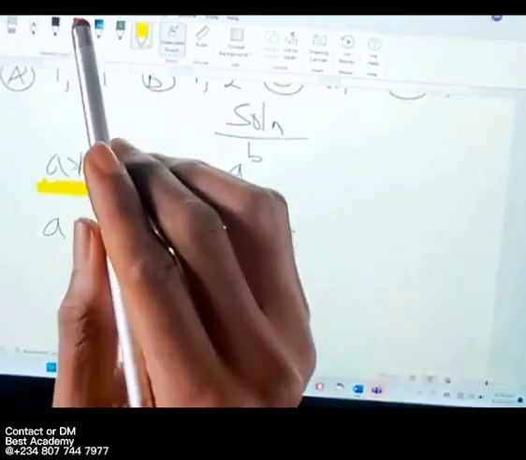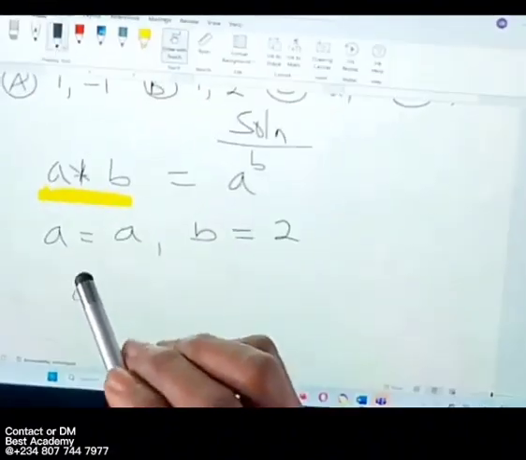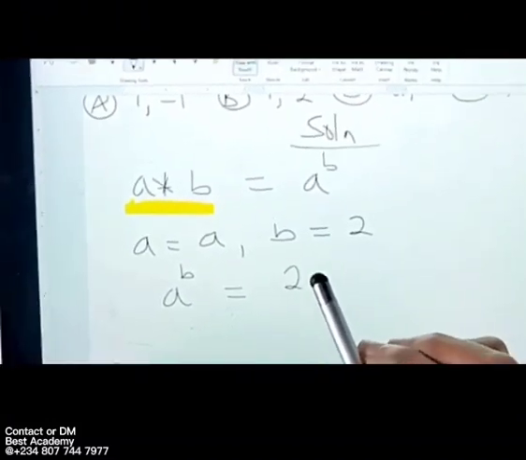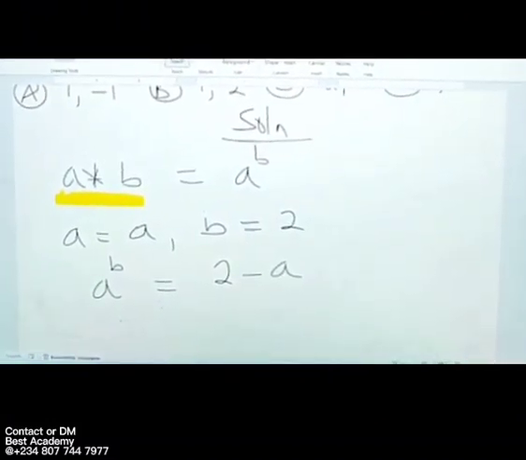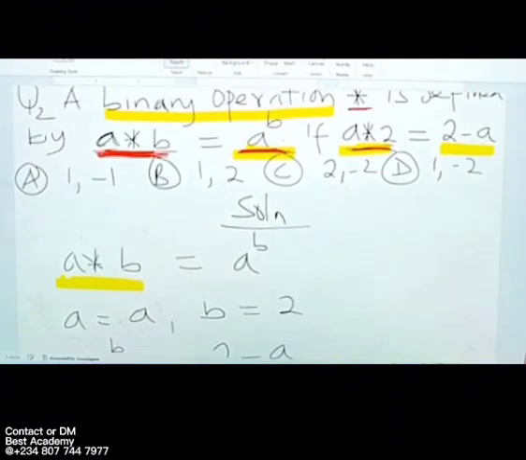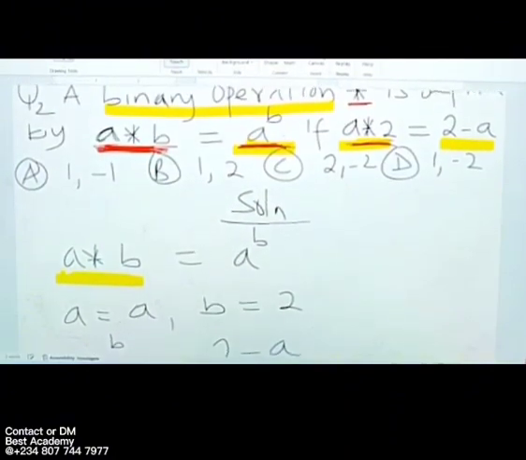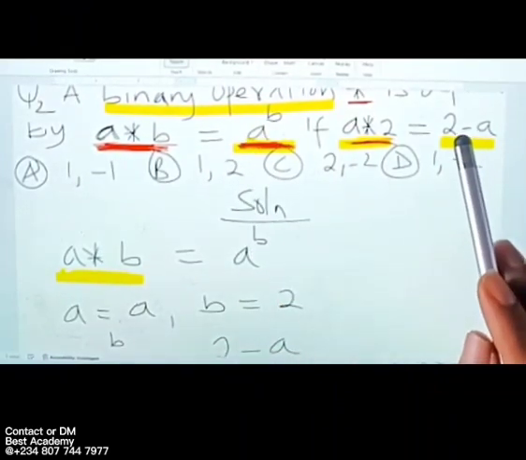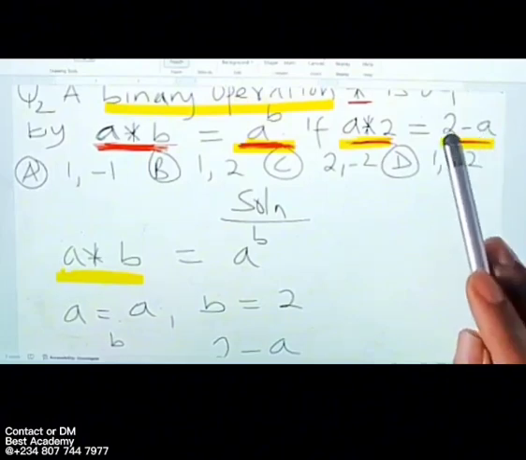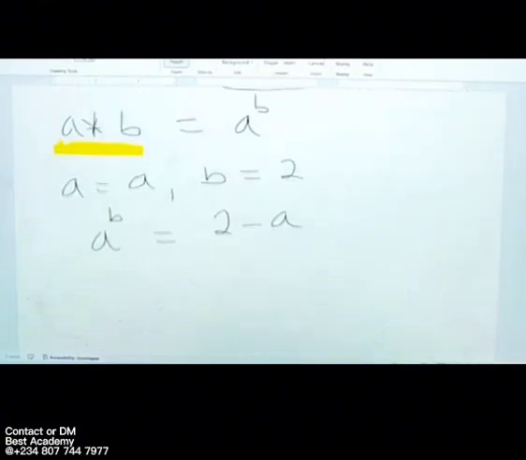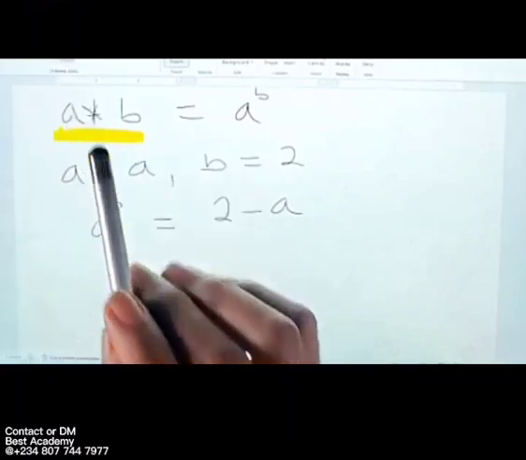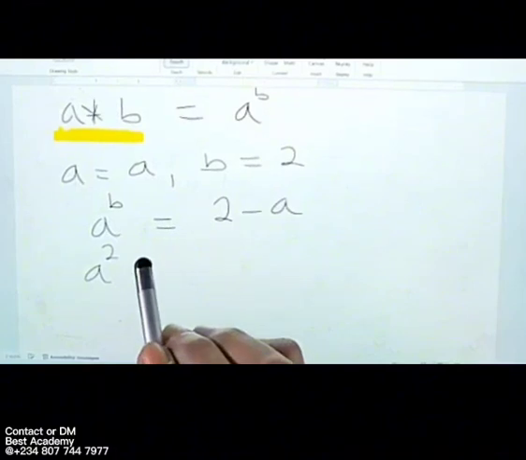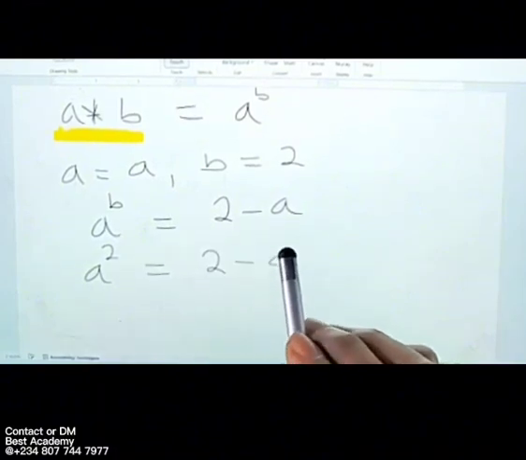The first part is AB, which is equal to 2 minus A. Please take note, these are the two parts here: AB is the mathematical operation part, and 2 minus A is the mathematical operation part. Now let's replace the values. The value of A is A, the value of B is 2, so this is going to be A raised to 2 is equal to 2 minus A.